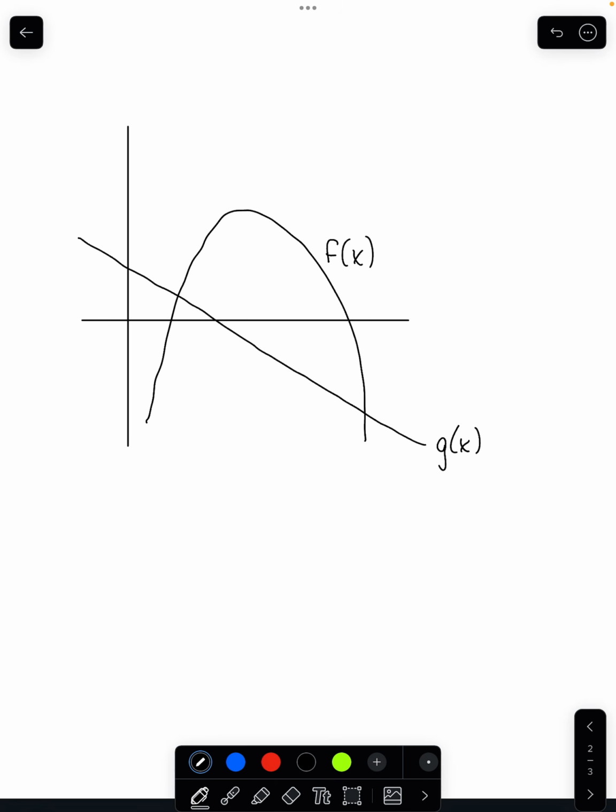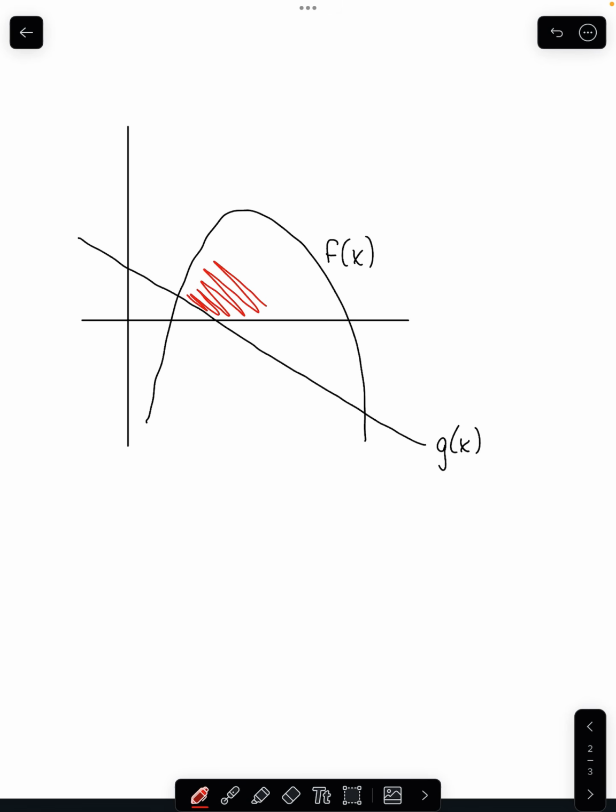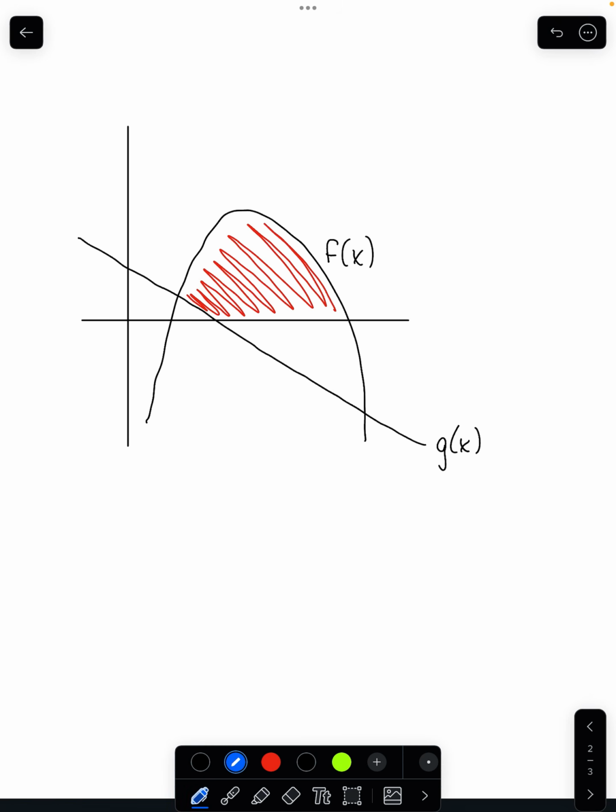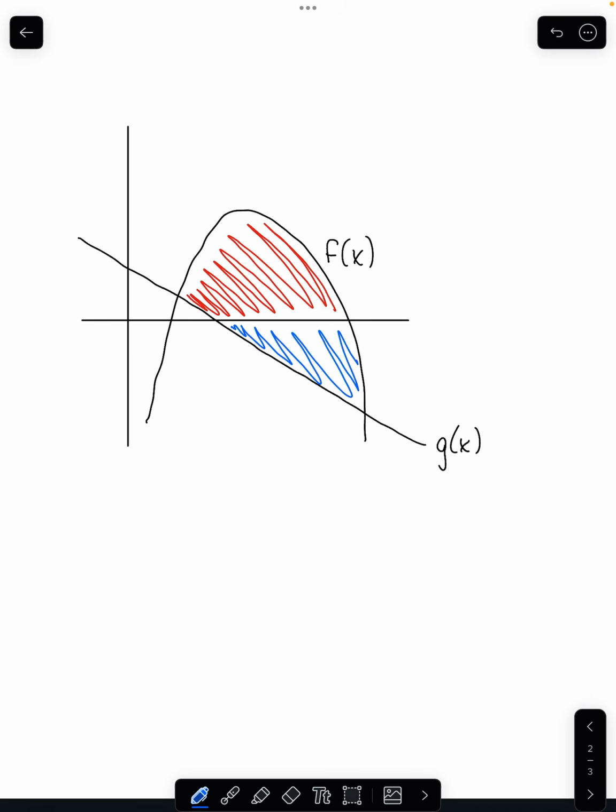In this case, the area between f of x and the x-axis would be here, while the area between g of x and the x-axis would be here. Therefore, subtracting the negative area of g of x would add that area on and thus give us the total region that we're looking for.